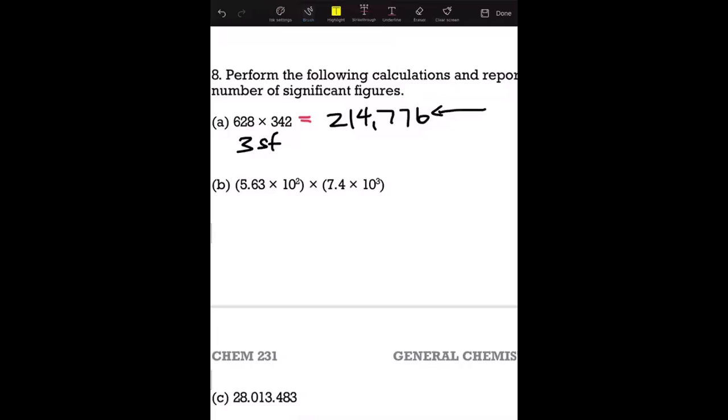How can we express that number with three significant figures? We need to put it in scientific notation. Yes.